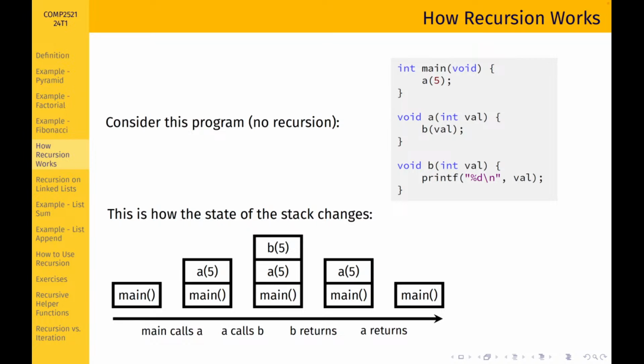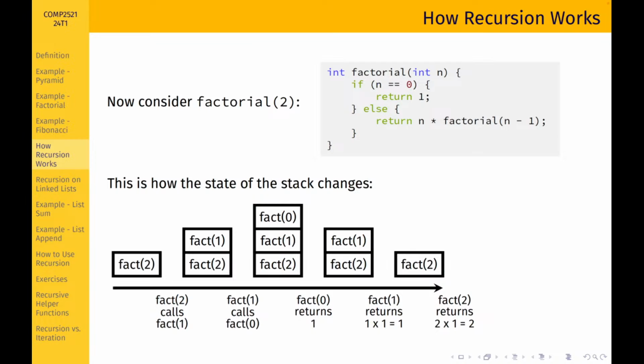Now here is how a recursive function would work in terms of stack memory. Let's consider a simple example of calculating factorial 2, so finding 2 factorial. When the factorial function is initially called, a stack frame for that is created, where n is equal to 2.